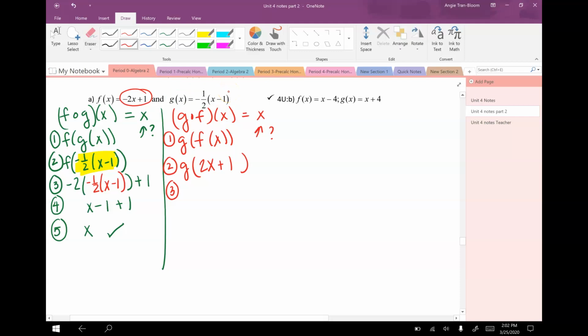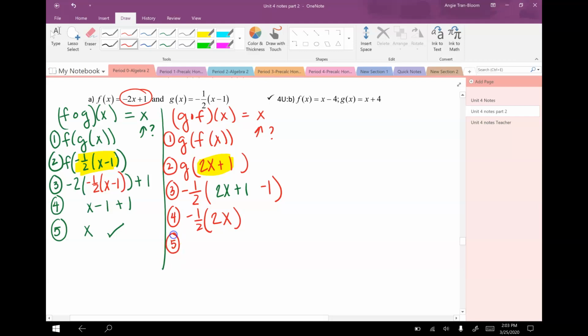Wherever and however many x's you see, that's your substitution. You're going to substitute 2x plus 1 right there. From here, you can distribute the -1/2, or you can combine like terms first. I feel it's easier if I combine the +1 and -1, which turn into 0.